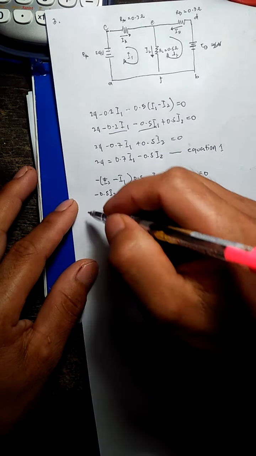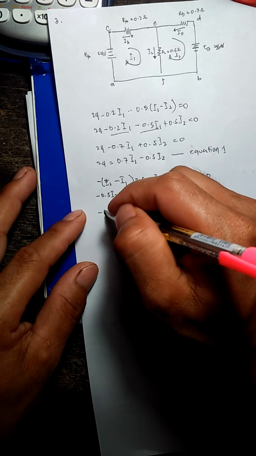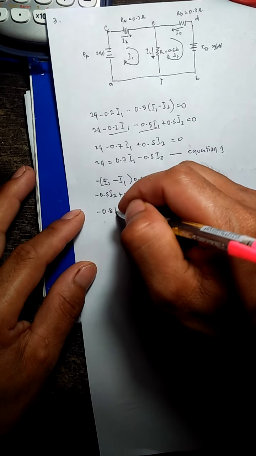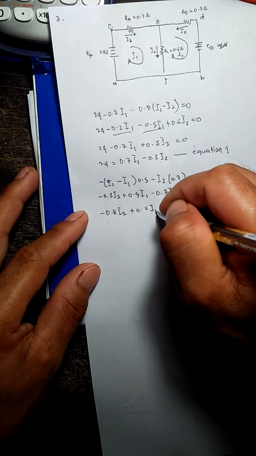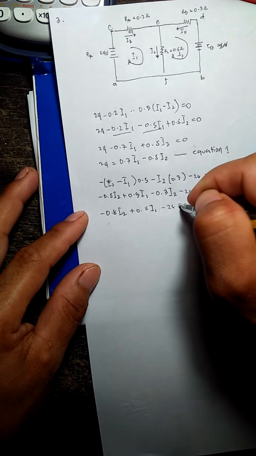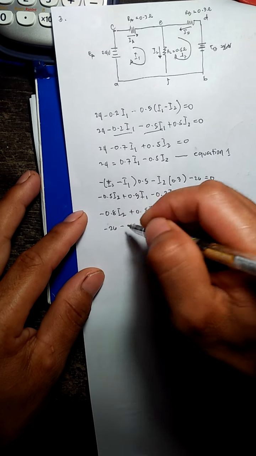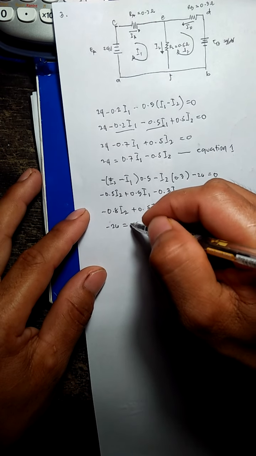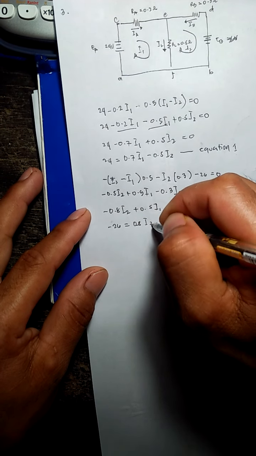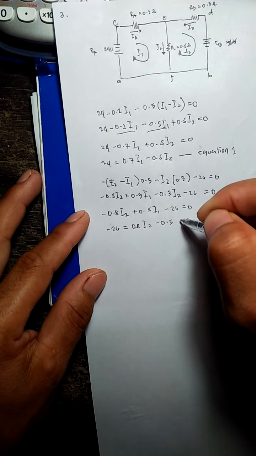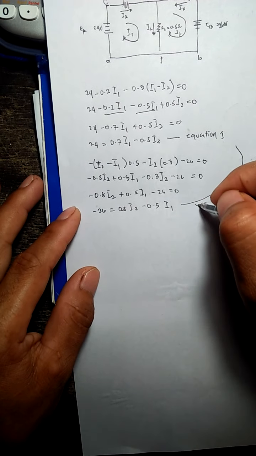Solve for the same terms: 0.5 plus 0.3 equals 0.8 I2 plus 0.5 I1 minus 26 is equal to 0. Then transpose, so negative 26 is equal to positive 0.8 I2 minus 0.5 I1. This is equation 2.